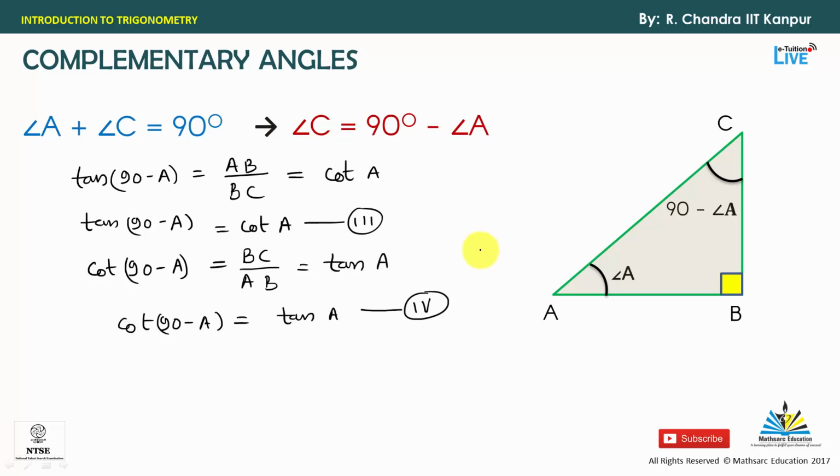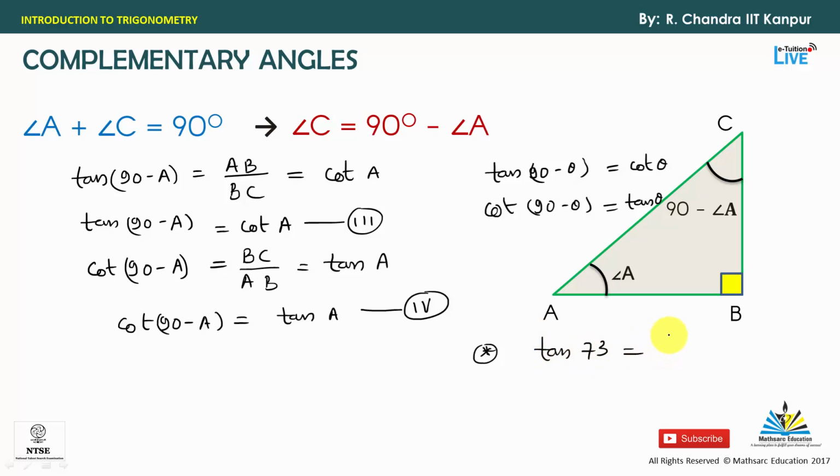In general, we can have tan 90 minus theta is equal to cot theta, and cot 90 minus theta is equal to tan theta. Very simple, you can see. If you want to apply this formula, you can have, like, tan 73 can be written as tan of 90 minus 17.